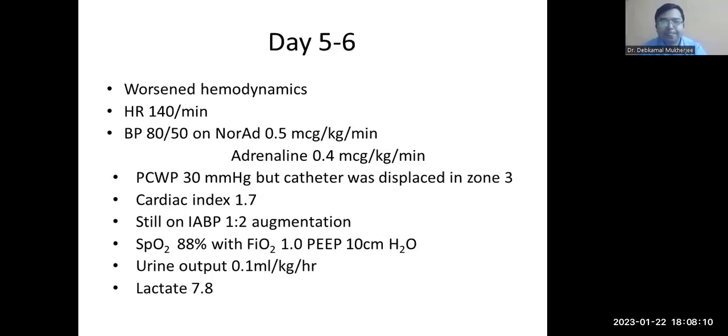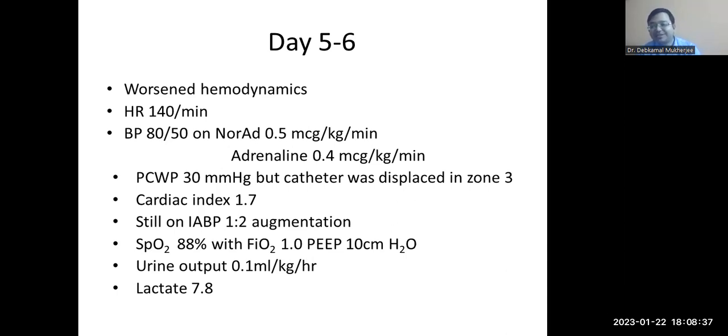Okay, carry on. So on day 5 or 6, hemodynamics worsened further. His heart rate went up to 140. His BP came down to 80/50 with increased amounts of noradrenaline and adrenaline. His pulmonary capillary wedge pressure was also on the higher side. It was 30 millimeters of mercury at that point of time.